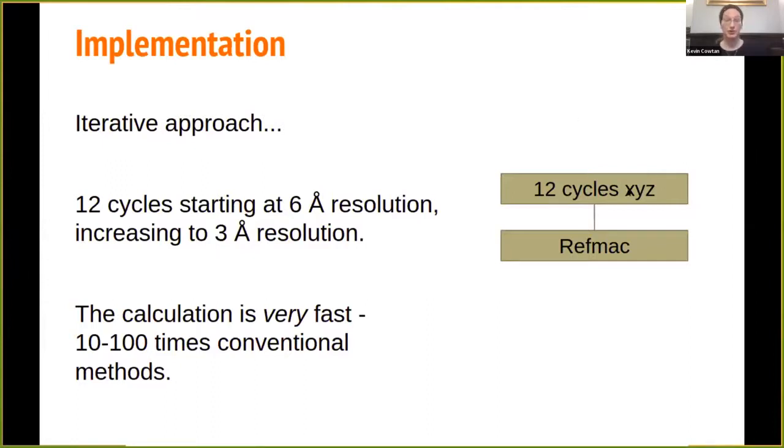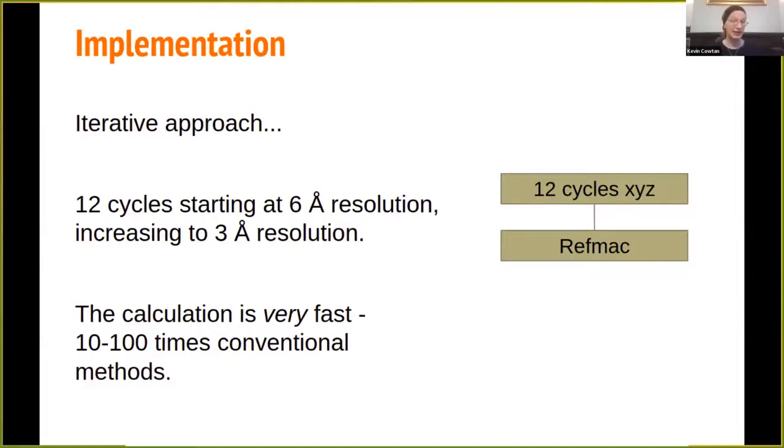So we do coordinate refinement, we don't refine B factors in this initial implementation, and then we go into RefMac and do conventional refinement to deal with any breaks in connectivity that have been introduced during this process. It tends to preserve geometry somewhat, but the distortions can build up over multiple cycles.